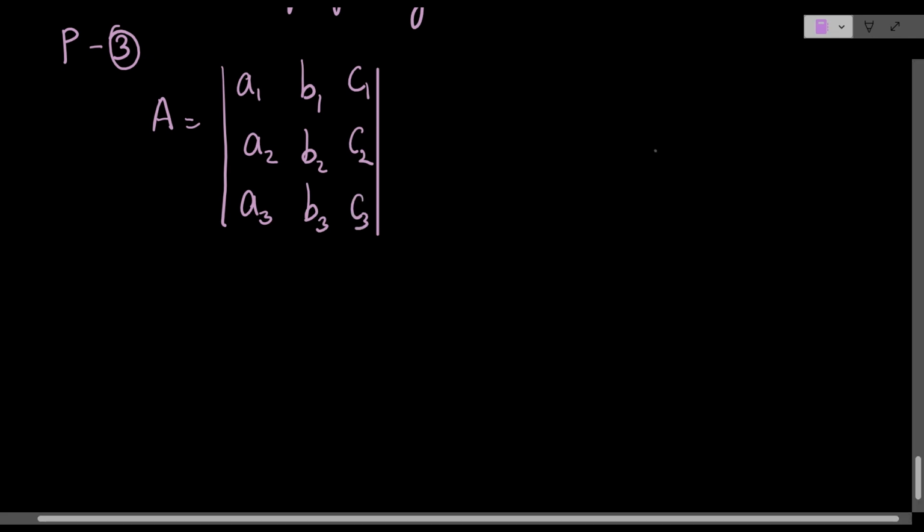Now this value becomes 0 when, suppose I have two rows or two columns identical. Suppose column 1 is identical to column 2. Column 1 is identical to column 2 means what?